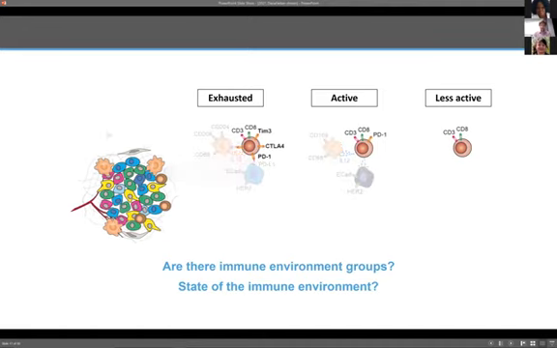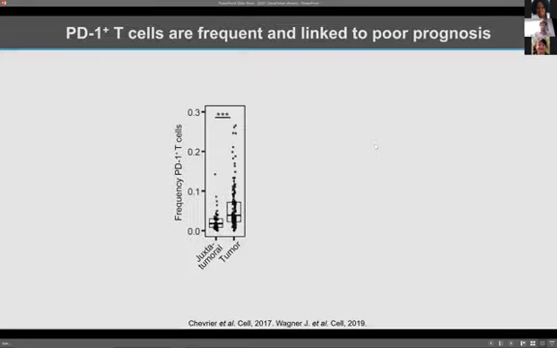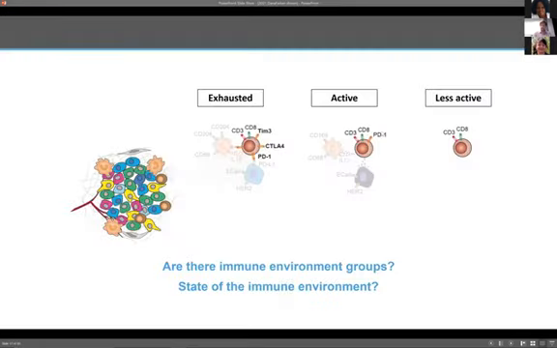In regards to the T cells, we were really interested whether the T cells are inactive, whether we have activation that would be shown by a certain level, for example, of PD-1, or whether the T cells are actually exhausted. So here you have a cytotoxic T cell with a very high expression of PD-1 and co-inhibitory molecules such as CTLA-4 and TIM-3.